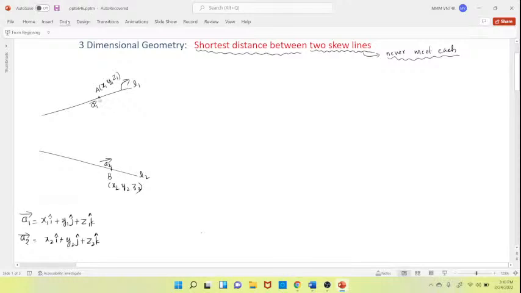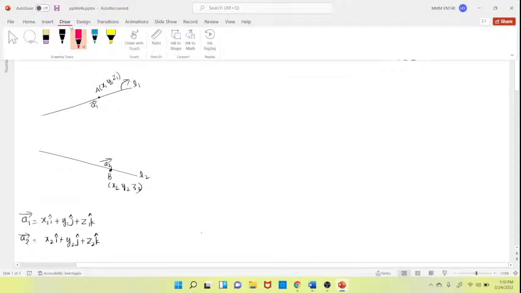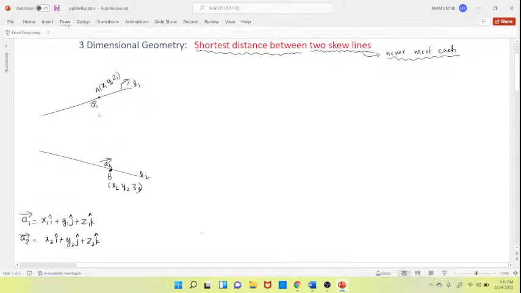So these are the vectors corresponding to point A and point B. Okay. Now I'm going to join these two points A and B.